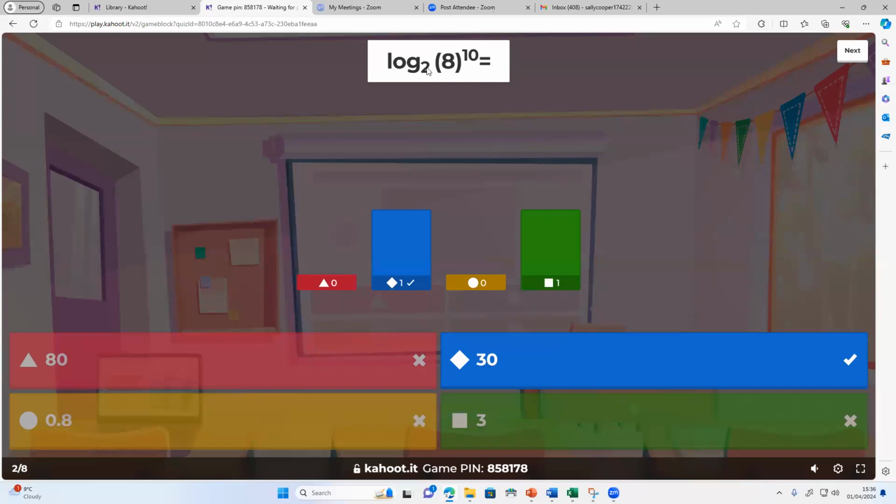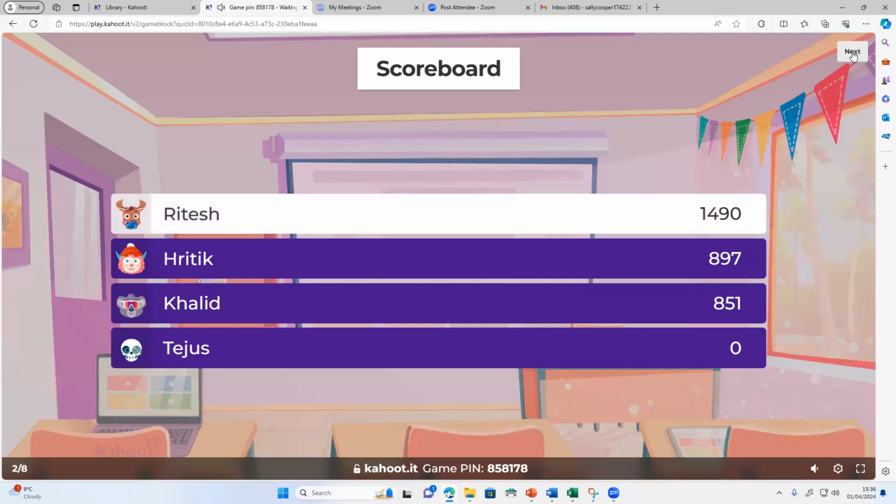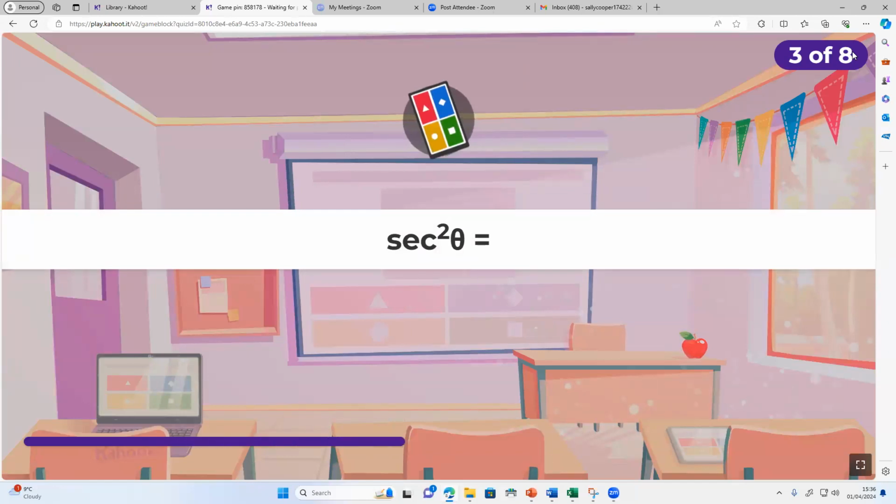So 2 to the power of 30 is equal to 8 to the 10, which is 2 cubed to the 10. So you see how that's working with the 8, just put it as a power of 2. So well done, who got that right? Did you do it on your calculator, Ritesh, or did you do it the way I was suggesting there? No, the way you suggested. Yeah, okay, cool. Yeah, the answer to a log is a power.